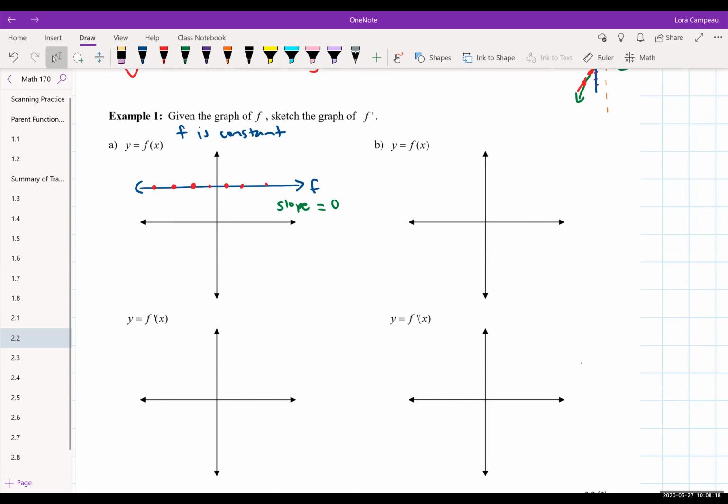If we are graphing our derivative, I'll do this in green. If the derivative is equal to 0 everywhere, that is a horizontal line, otherwise known as the x-axis. I'll do my best to draw those straight lines. This would be the graph of your derivative. Remember, it's equal to 0.